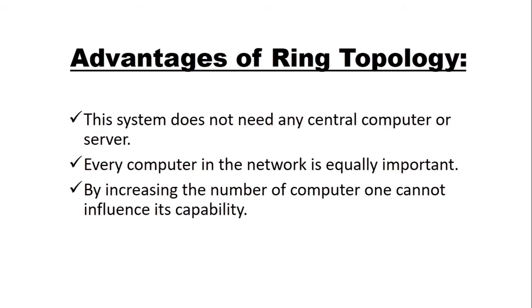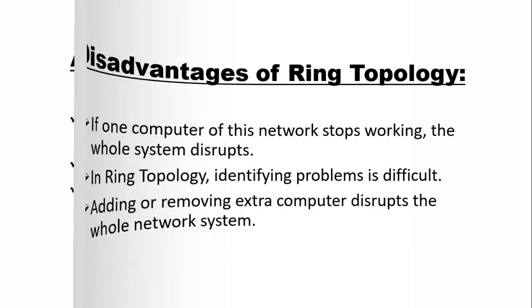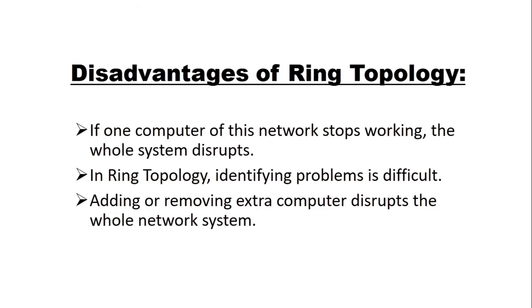So my dear students, here are some disadvantages also for ring topology. So let's see. If one computer of this network stops working, the whole system is disrupted. So it's very important, and it's one of the biggest disadvantages of ring topology.